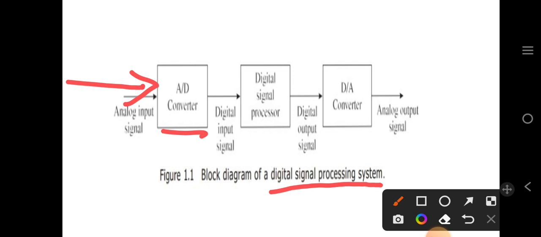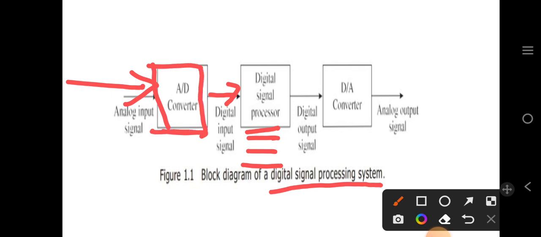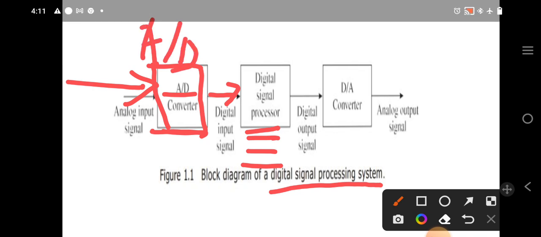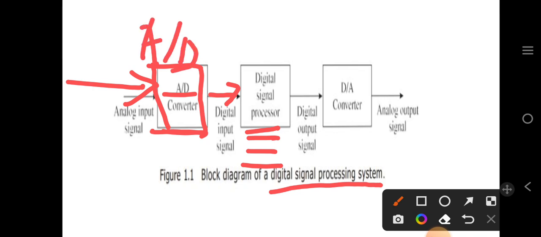But as this is a digital signal processing method, the signal must be in the form of a digital signal. So the function of this block is to convert from analog to digital signal. That's why we have used the A to D converter block here.